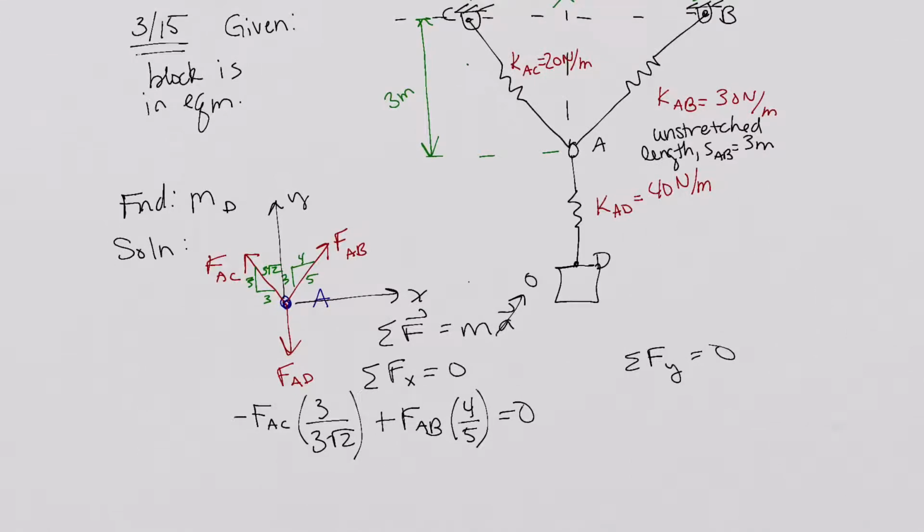We know some stuff about what's going on here. So F of AC, we know the K of AC. We don't know that unstretched length.